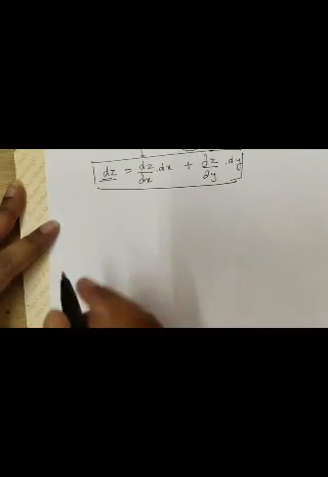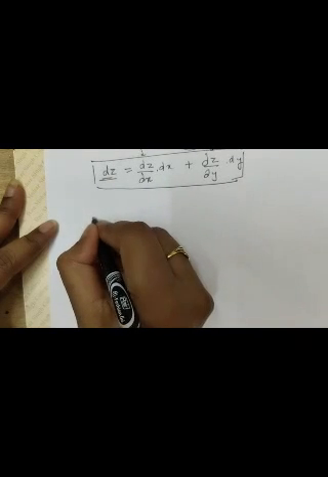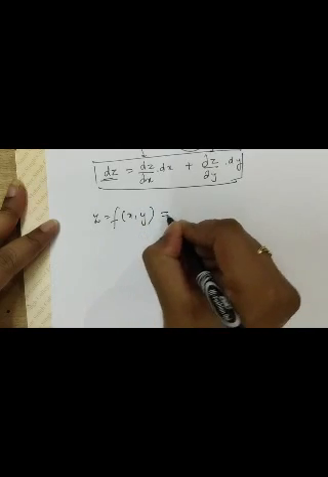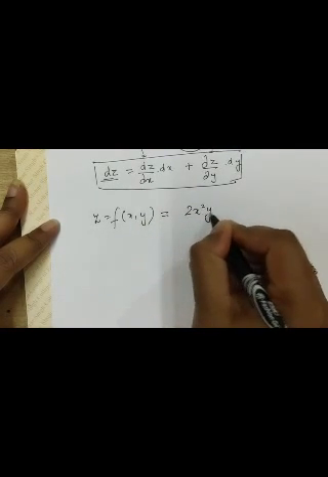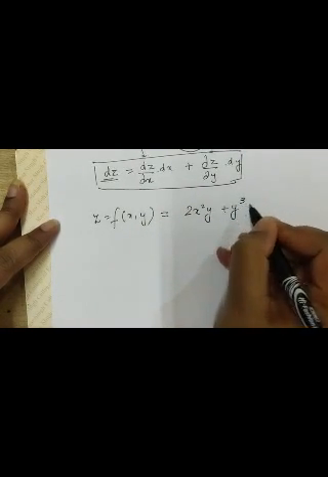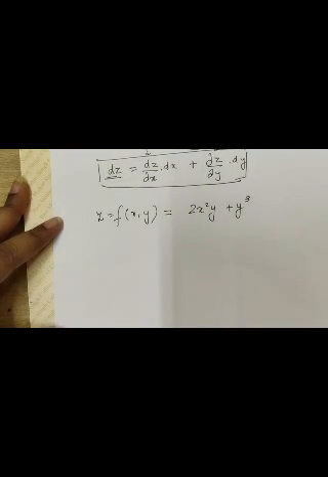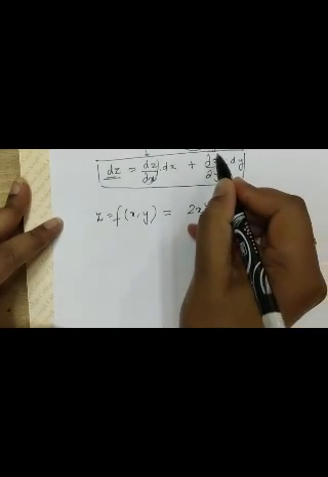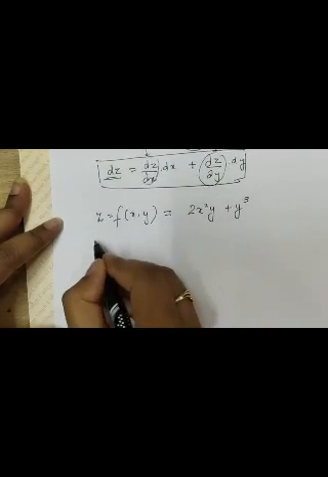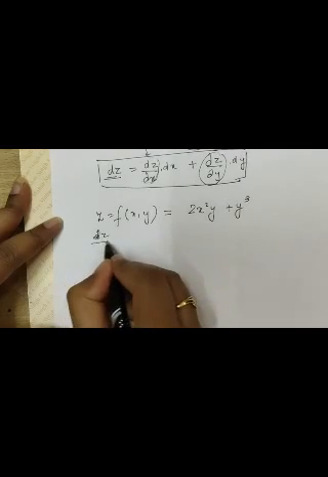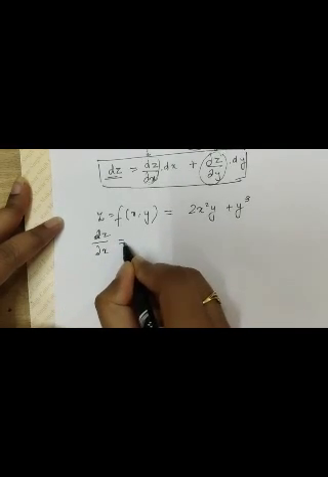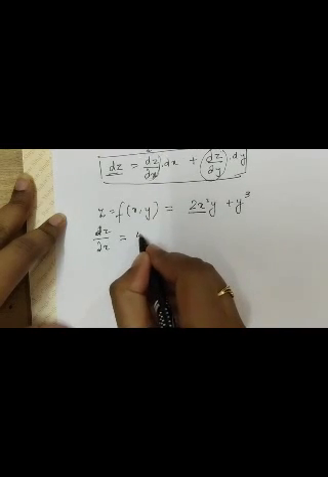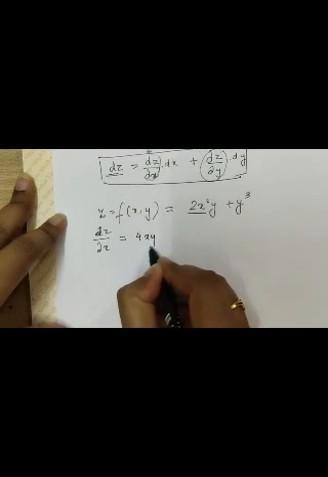Now suppose you have a question given to you that z is a function of x and y, and this function is equal to 2x square y plus y cube. According to this formula, we need to calculate delta z by delta x and delta z by delta y. Delta z by delta x will be 4xy.